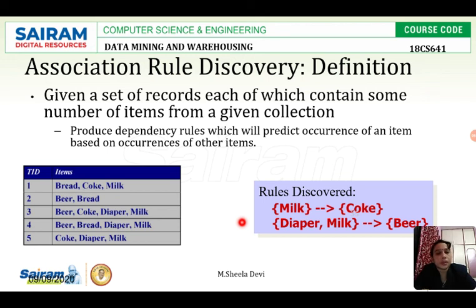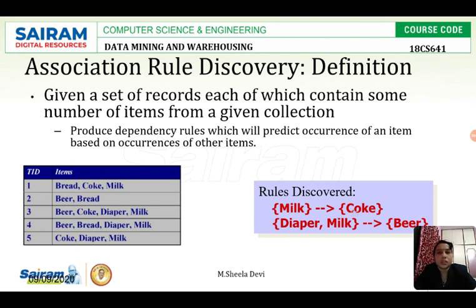Wherever I am keeping milk, in the same rack I have to place the coke also. This is a business tactic. You can provide some customer satisfaction by not irritating them to search for coke after getting the milk.